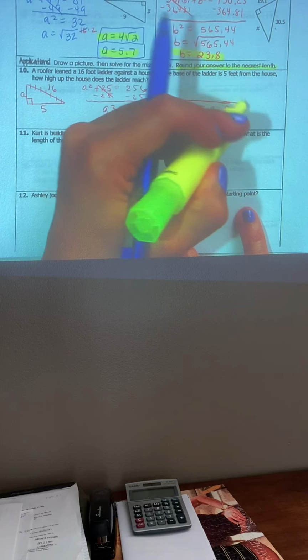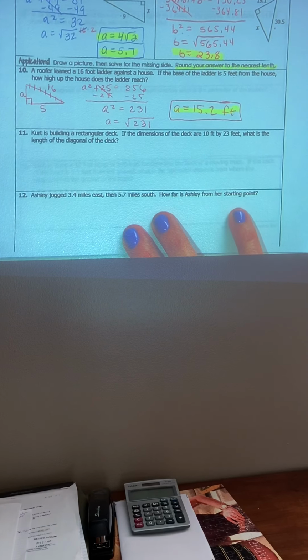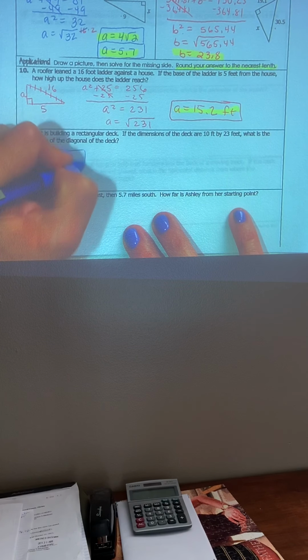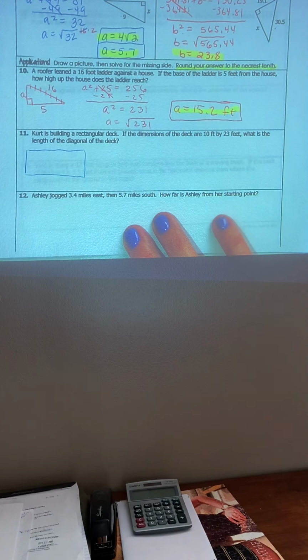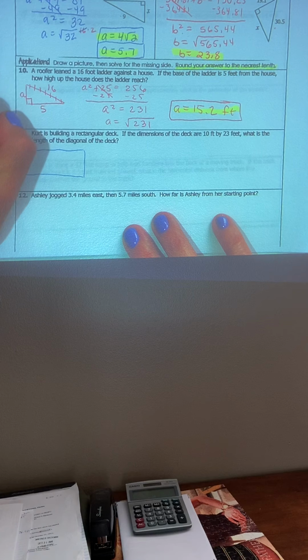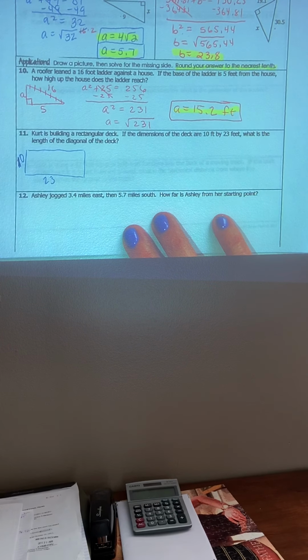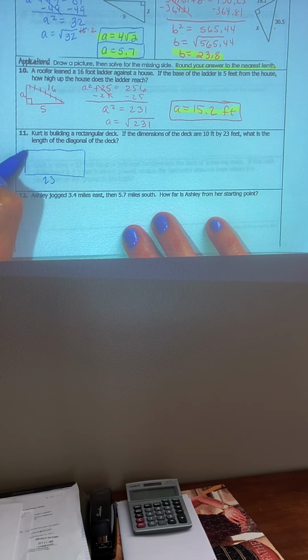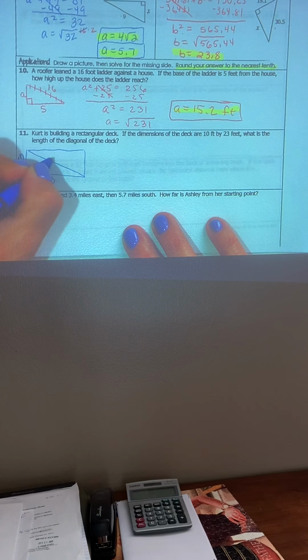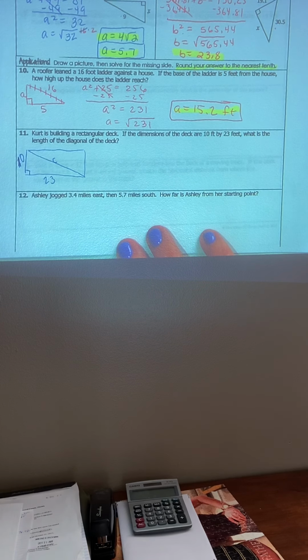All right, Kurt is building a rectangular deck. A rectangle. If the dimensions of the deck are 10 by 23, what is the length of the diagonal of the deck? So we obviously need to know C. It's a typical Pythagorean theorem.